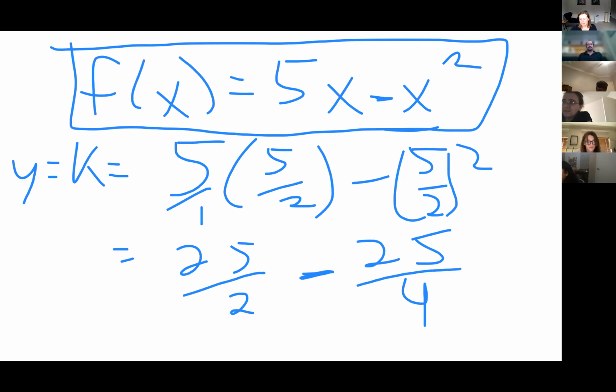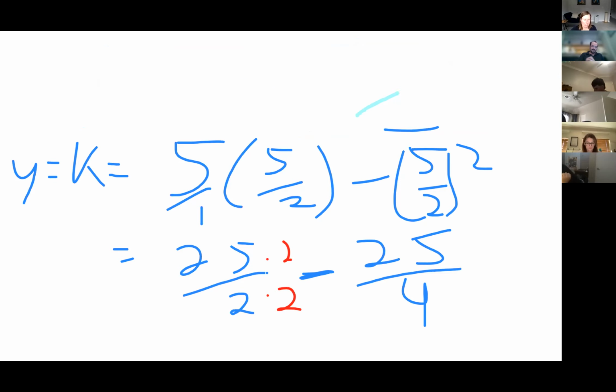So how do we want to do this? You could make the denominators the same and then subtract. So how would it make the denominators the same? Multiply 25/2 by 2, so it'll be 50/4, and then you just subtract from there. Yeah, that's it.